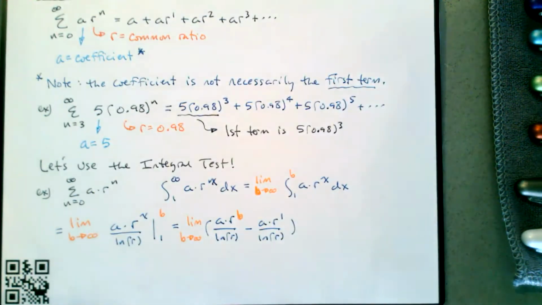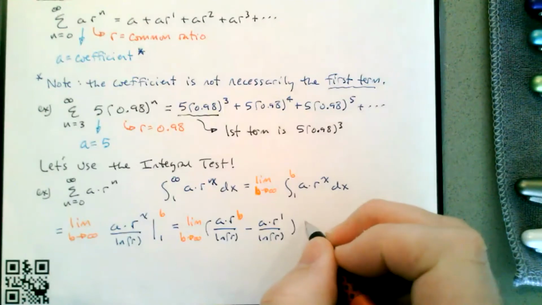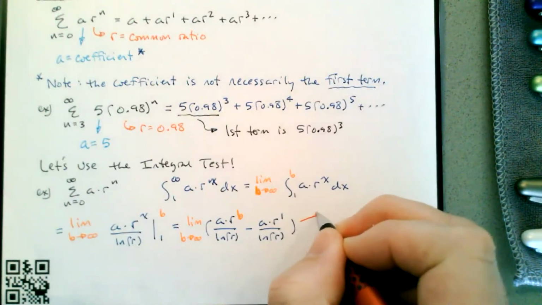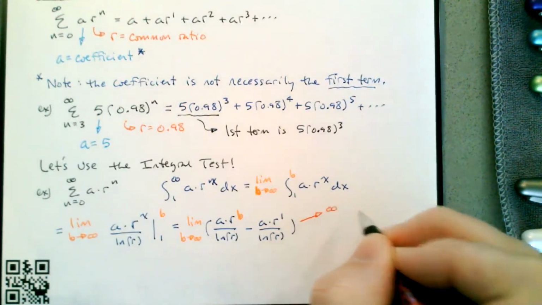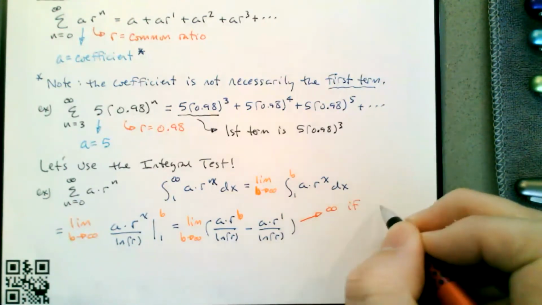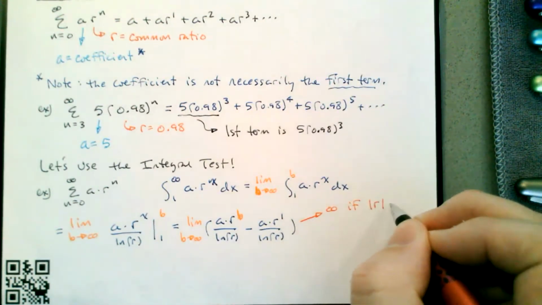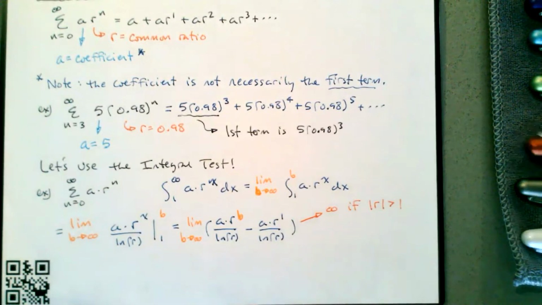So this either goes to infinity if the absolute value of r is greater than 1. Focus on the r to the b part.